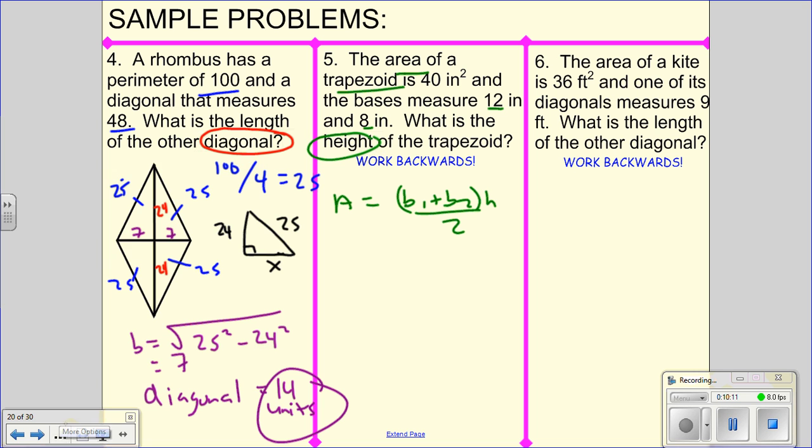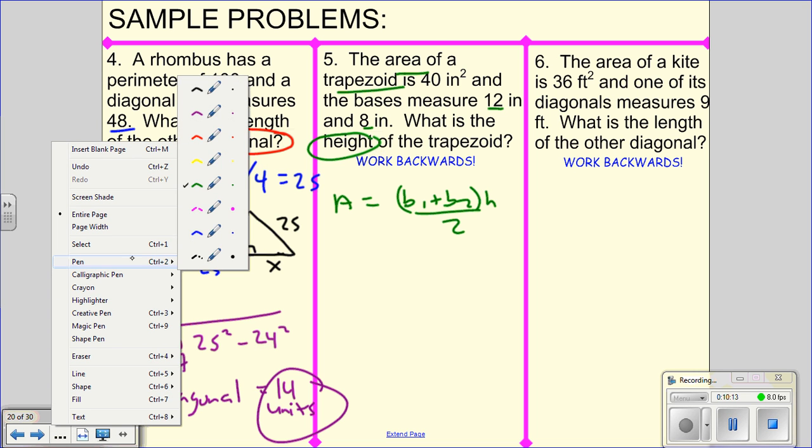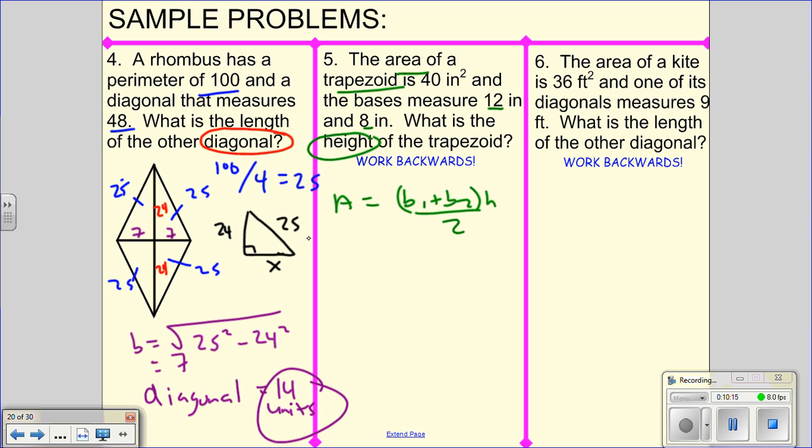So now we're going to substitute the area, now that we know what it is, with 40. And we can replace the bases with 8 and 12. And again, we're looking for the height.